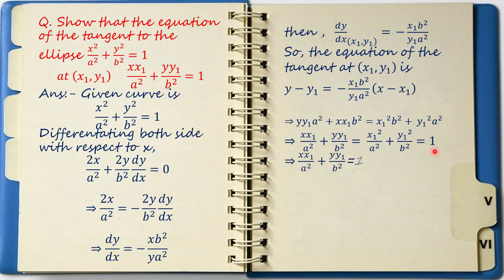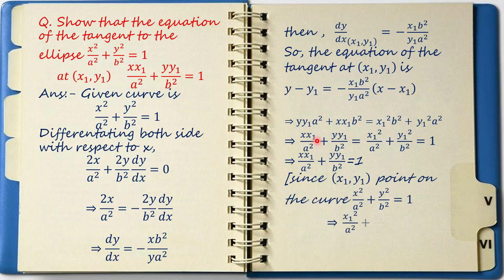So from here I can write the left hand side, x1 into x by a square plus y1 into y by b square, this value should be 1. So we can say the equation of the tangent of this ellipse at the point (x1, y1) is given by this equation. So we proved this.